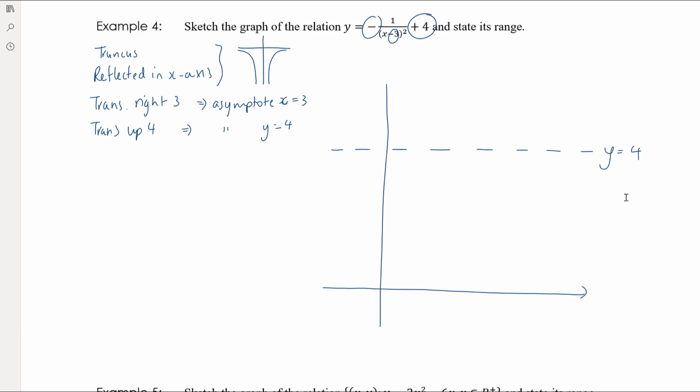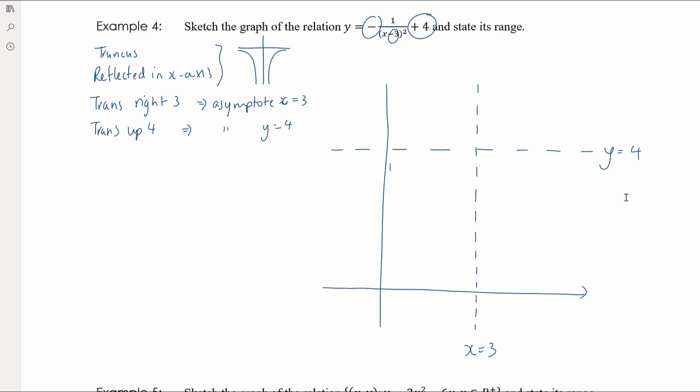I made a number of comments on your homework submissions around the hyperbolas and truncuses, where you weren't labelling asymptotes with equations, you weren't labelling all the required intercepts. Okay, many of you were drawing graphs that would literally be worth no marks in a test. Okay, so please make sure that you approach your homework graphs with the same level of accuracy that you would expect to deliver in a test where you'll need to do it.